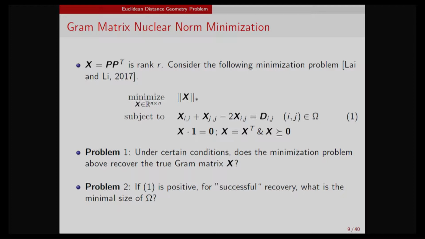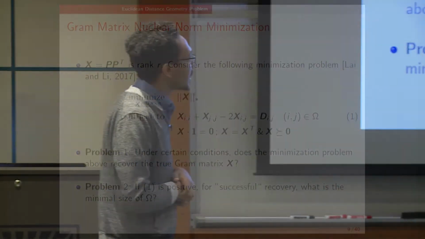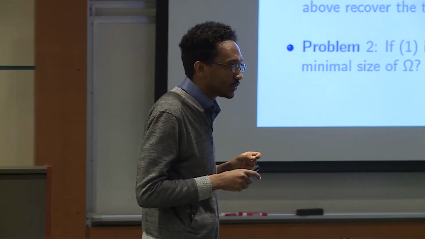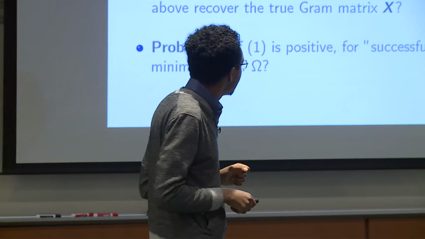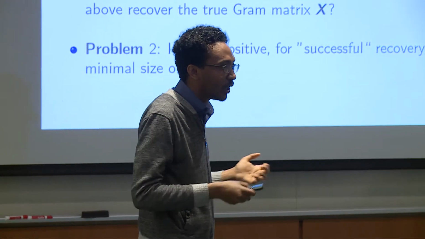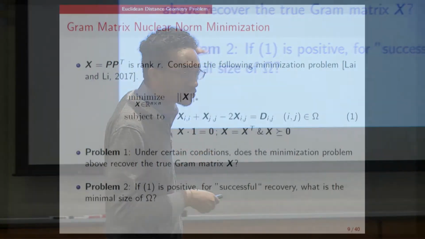The first question is, under certain conditions, could I show that this minimization problem actually recovers the underlying true Gram matrix? The second is, if I am successful in some metric of success, how many samples do I need, and how do these samples come about? This is the problem we study.